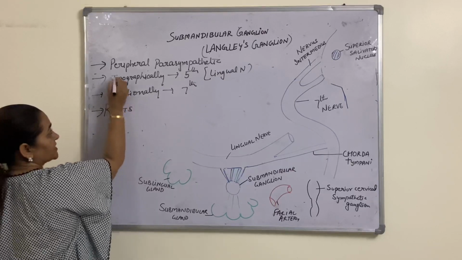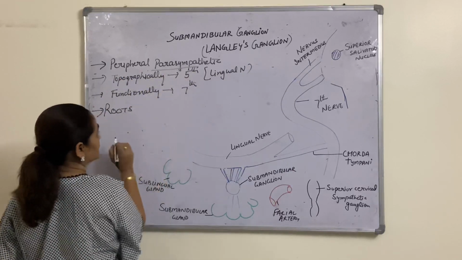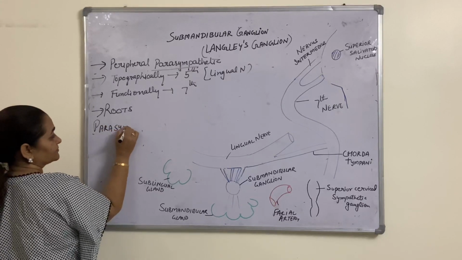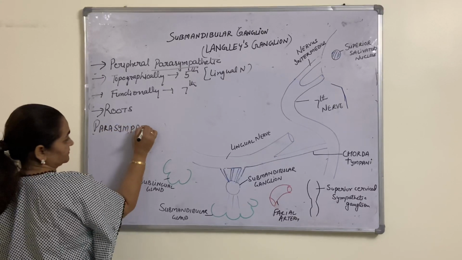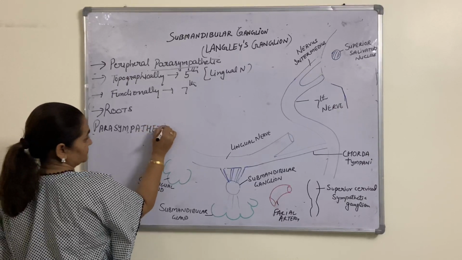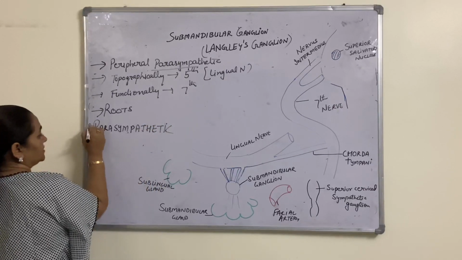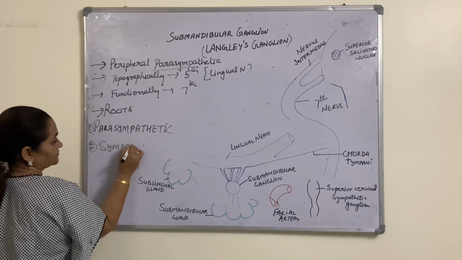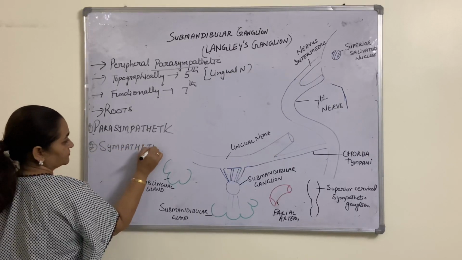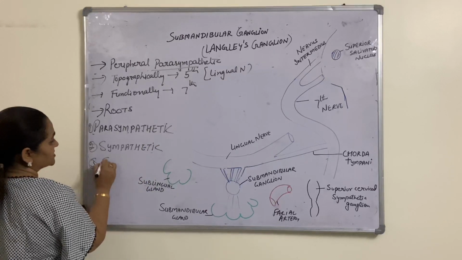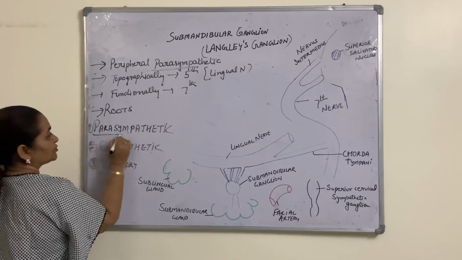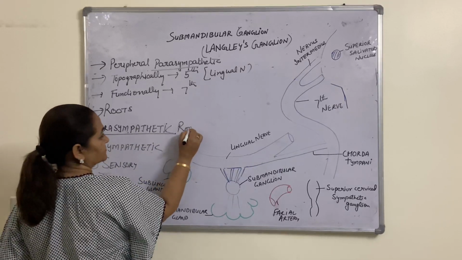It has a parasympathetic route, number one. Then it has a sympathetic route, then it has a sensory route. Now coming to the parasympathetic route first.